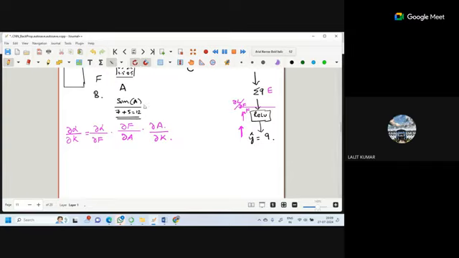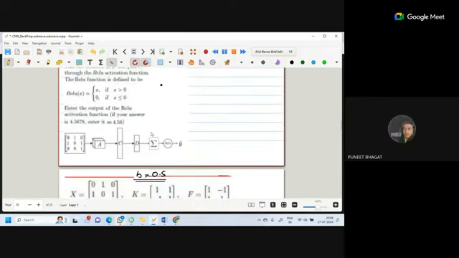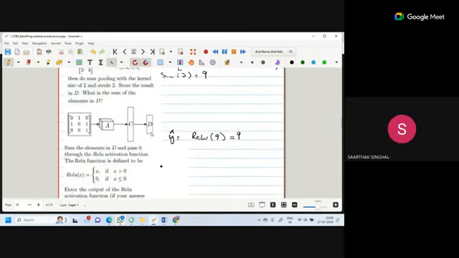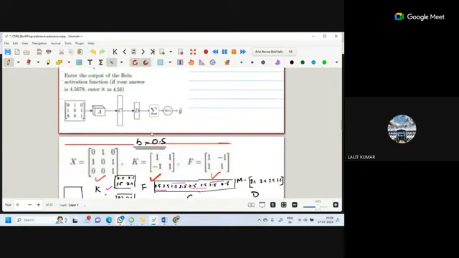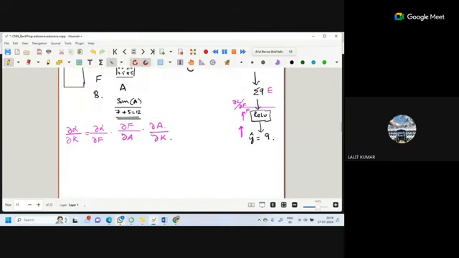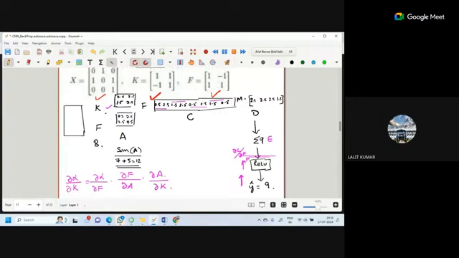What is the derivative of ReLU? Anyone? It should be 1, right? Yes, so this is 1. And this was the part, Anand, which I was mentioning. This summation is outside the activation function.